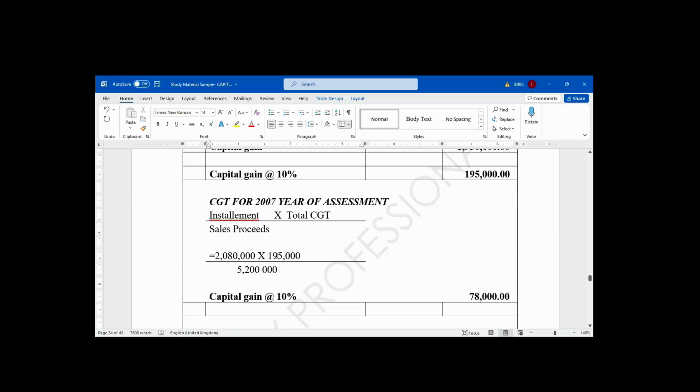So the capital gain tax the seller of the asset will pay in 2007 is how much? 78,000. That is the capital gain tax he is going to pay in 2007.